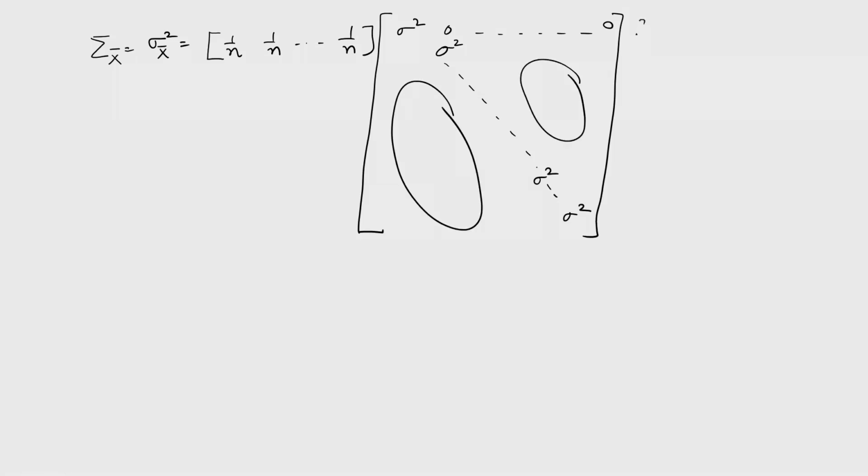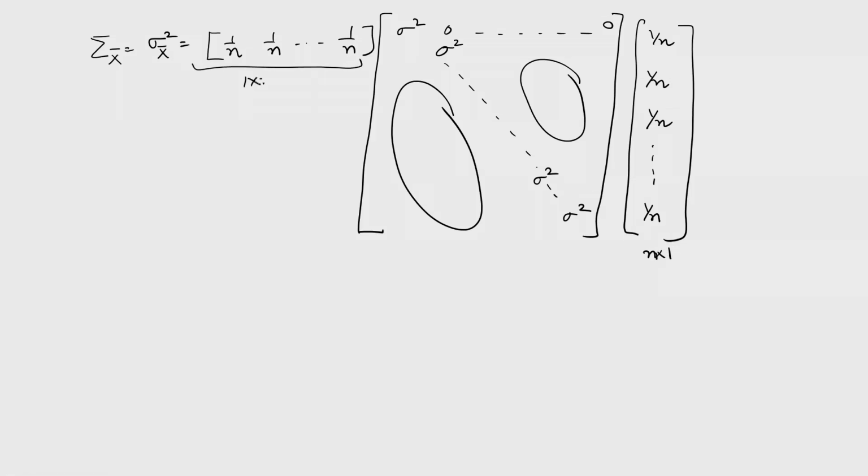Then J transpose will be 1 upon n, 1 upon n, 1 upon n, 1 upon n. It is an n by 1 matrix here, this is a 1 by n matrix here, and this is an n by n matrix. If you multiply the first two matrices, you will get a 1 by n size matrix. Then if you multiply the 1 by n with the n by 1 matrix, you will get 1 by 1. So it is confirming the dimension of this value, 1 by 1 here.